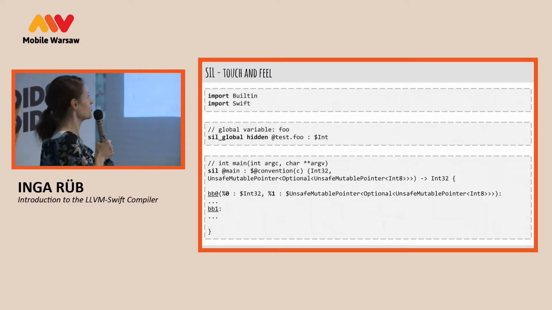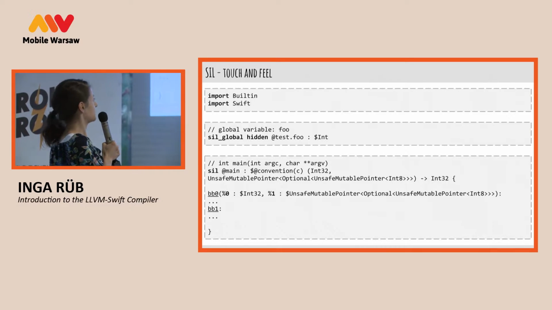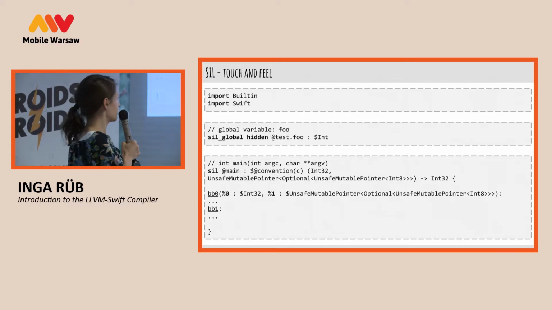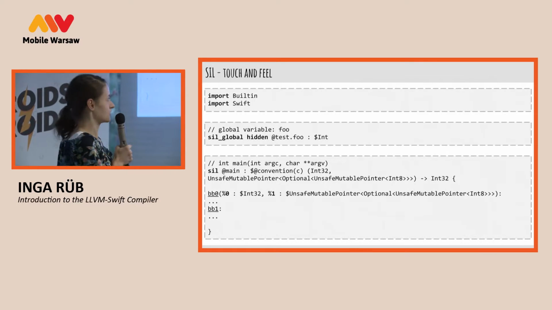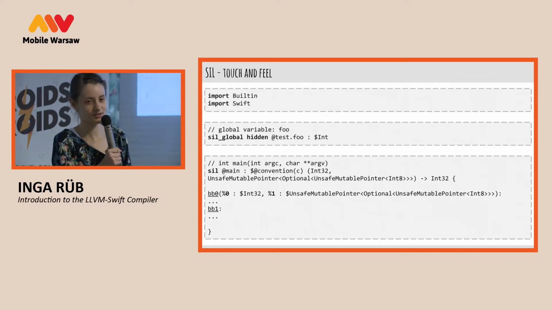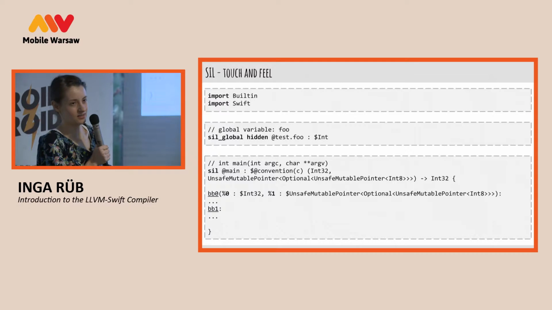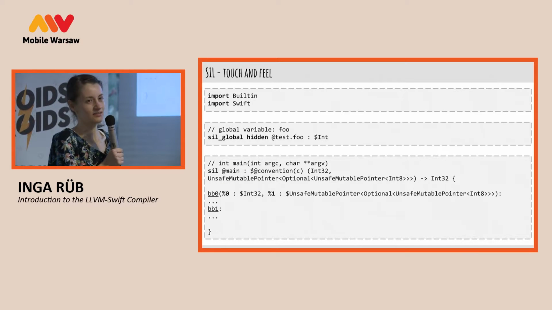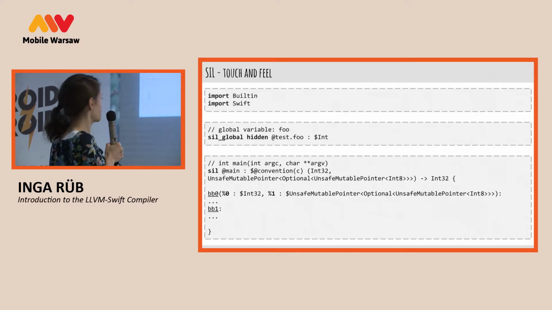Okay, so let's move on to the next chunk of the code, and here we can see a declaration of a global variable. The comment that is above was not added by me, it was added by the compiler, so really the information that you get is very useful and allows you to understand what is going on even without preparations.